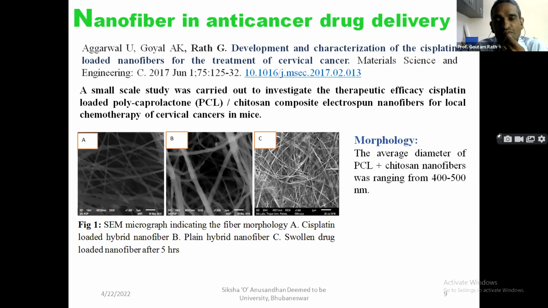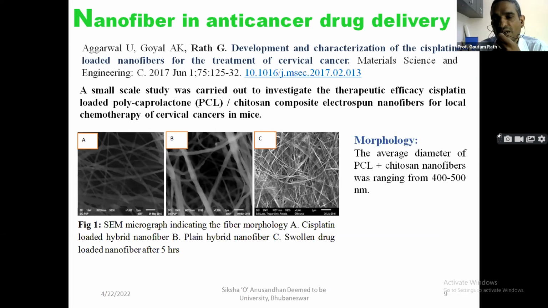I want to just highlight some of our research outcomes based on nanofibers. Here we have developed a nanofiber where the polymers selected are PCL and chitosan. And we have prepared the nanofibers using the drug cisplatin.